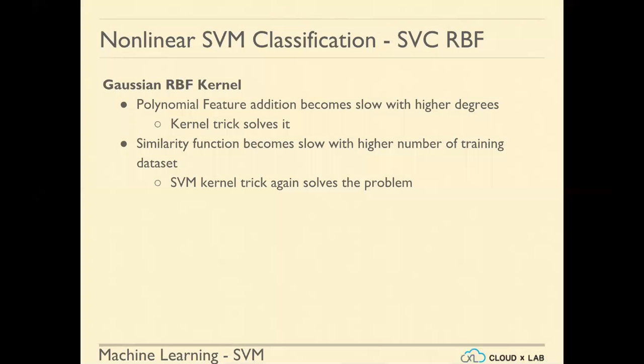Polynomial feature addition becomes slow with higher degrees, and the kernel trick solves it. Similarity features become slow with a larger training set, and this is where the SVM kernel trick again makes it faster and solves the problem.